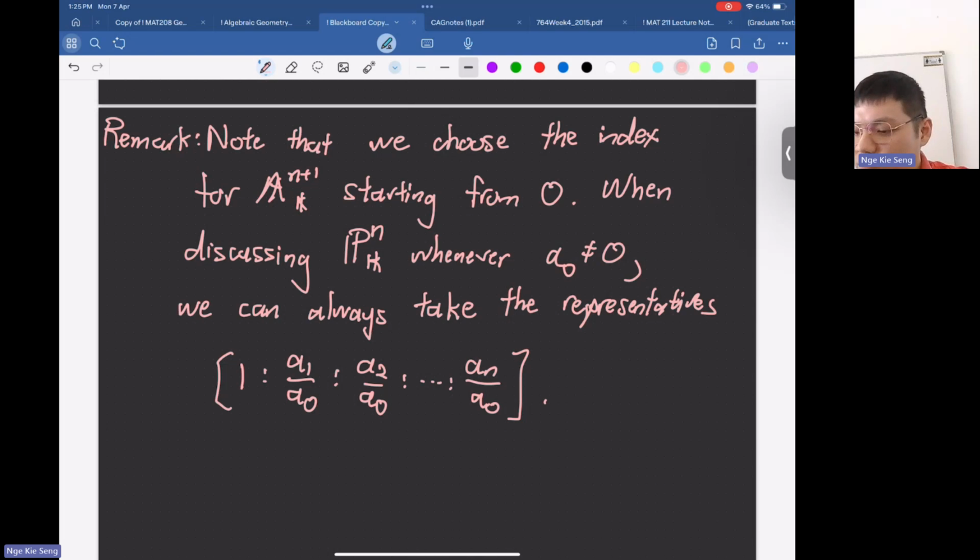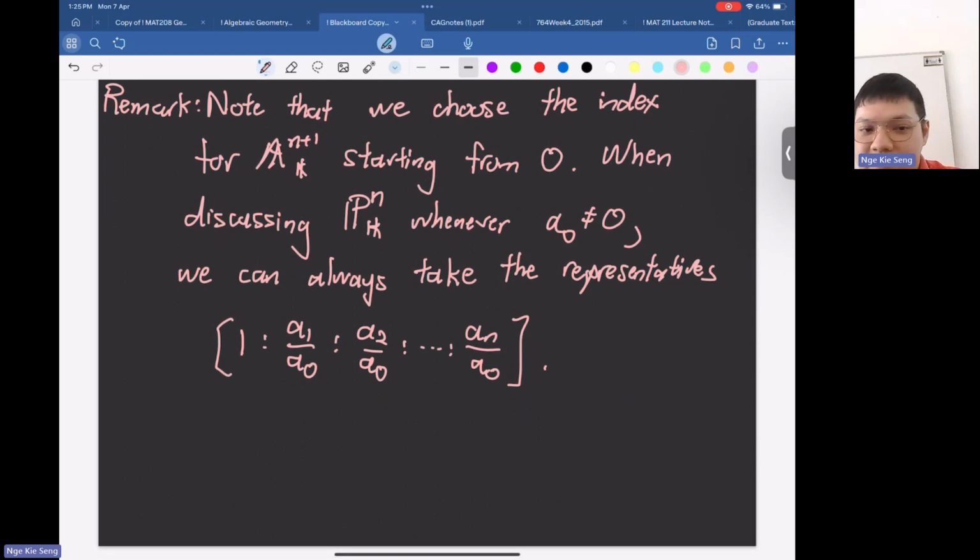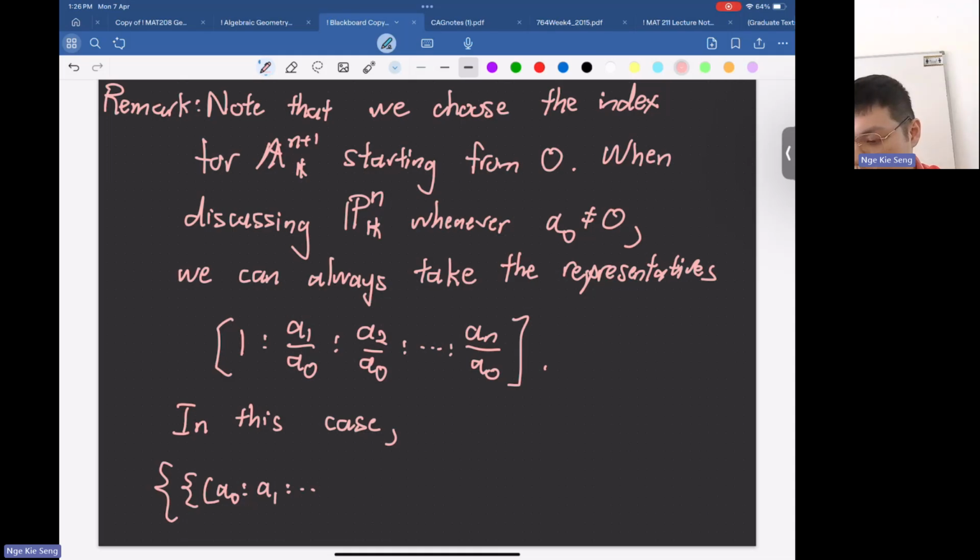So what can we do with this nicer representative? In this case, we build a one-to-one correspondence from the set that contains A0, A1 to An, where A0 is not 0. By the way, this is a point in Pn.